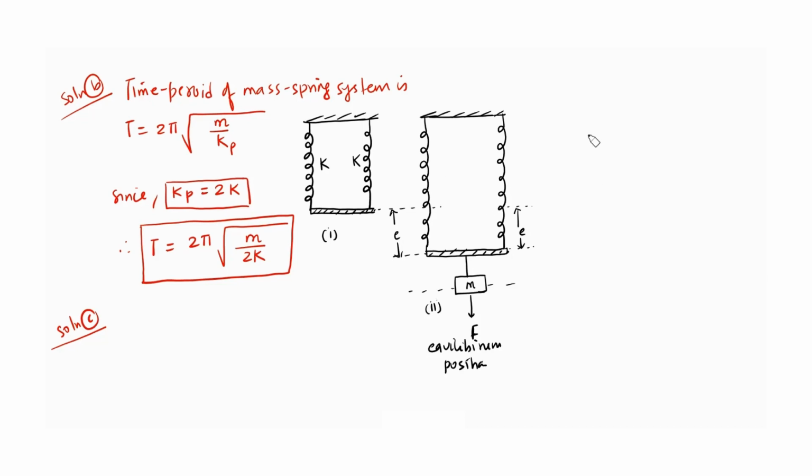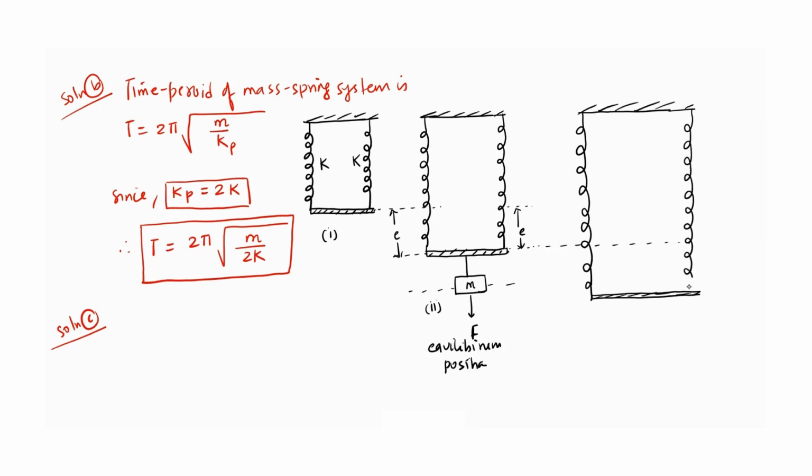Now from the equilibrium position, if the mass spring system is further displaced, let y be the displacement. So this was for equilibrium position.